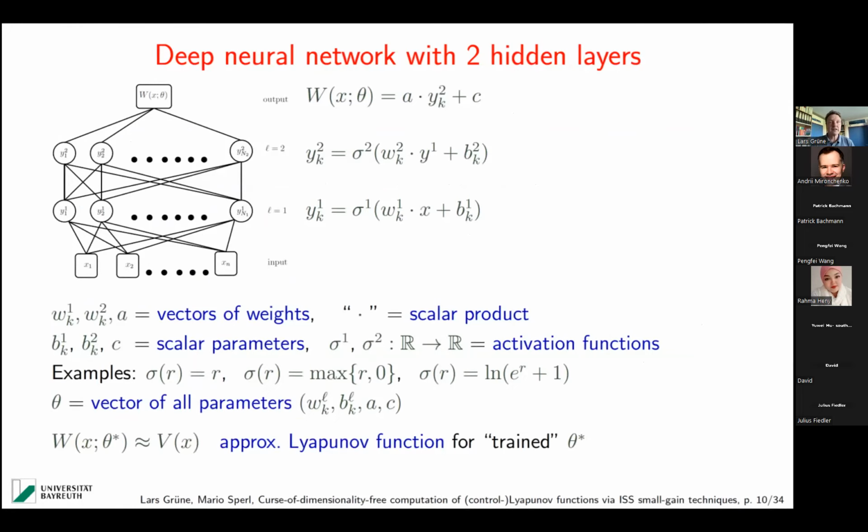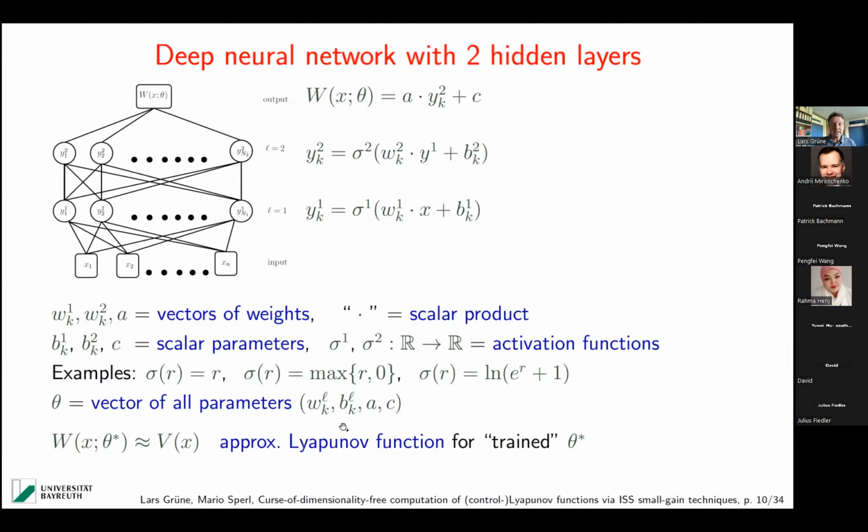A neural network, in our sense, is simply a device to store and express a function. And let me start from the bottom. This function that we want to store should eventually be an approximation for the Lyapunov function. This function depends on a lot of parameters, theta, a vector of parameters. So these are all these w's, b's, a, and c, which are in here. I will explain in a minute what they are.